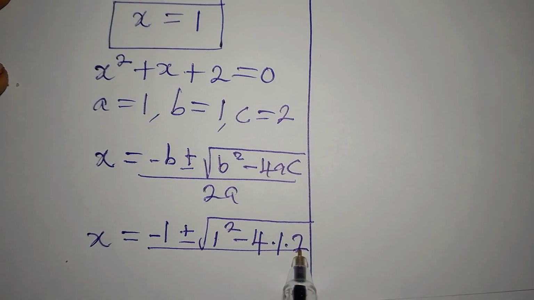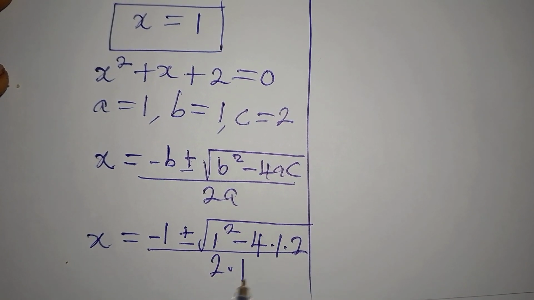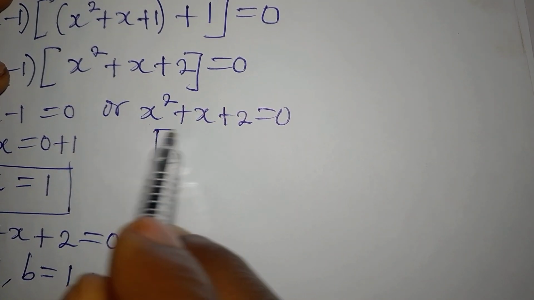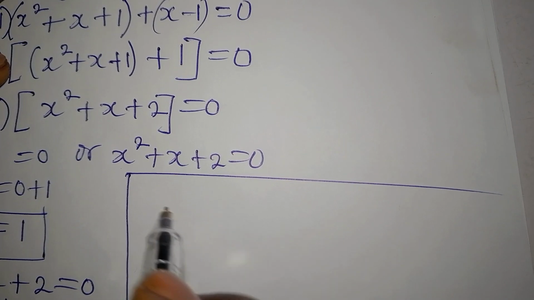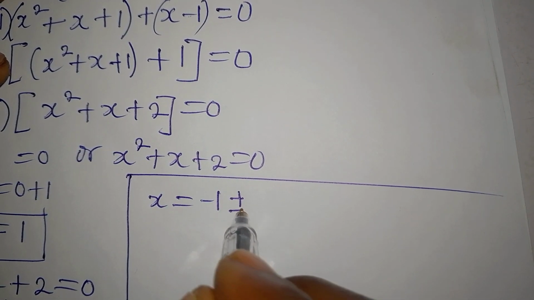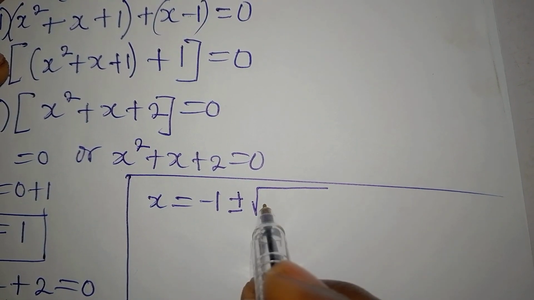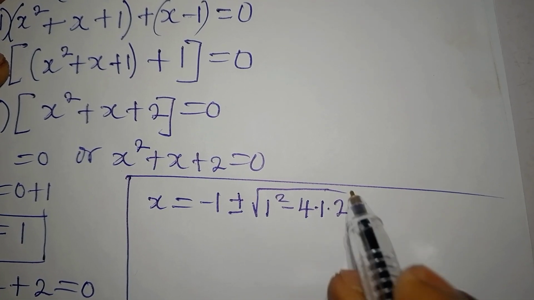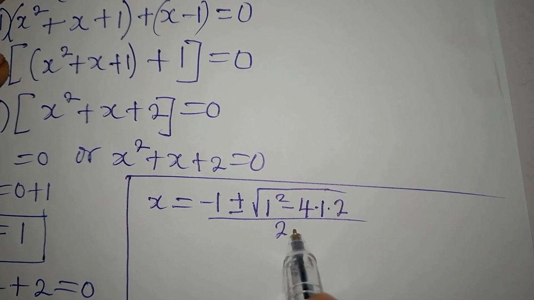This is divided by 2 times 1. Okay, so let's start from here. Our x is minus 1 plus or minus the square root of 1 squared minus 4 times 1 times 2, divided by 2 times 1.